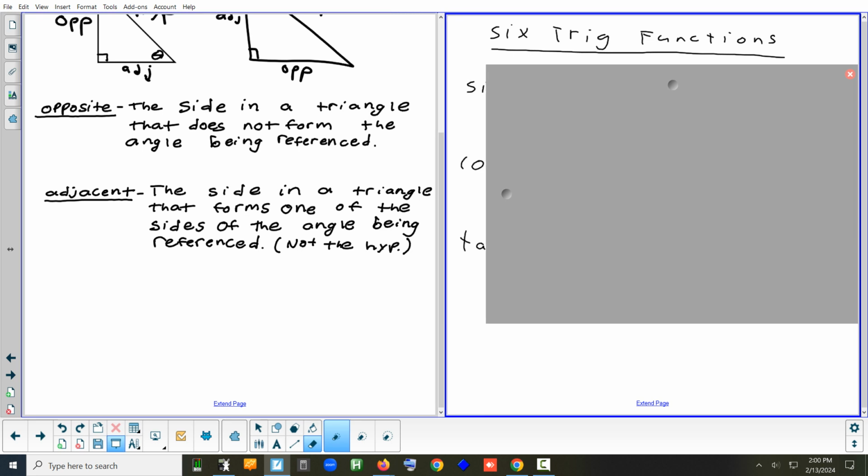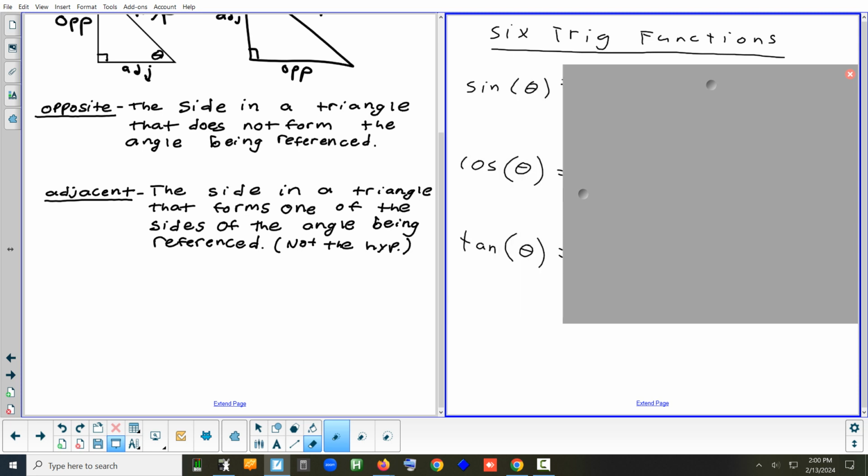Start with the 3 on the left. What are the 3 trig functions I usually put on the left side? Sine, cosine, and tangent.